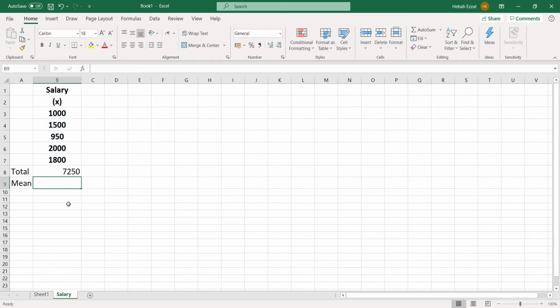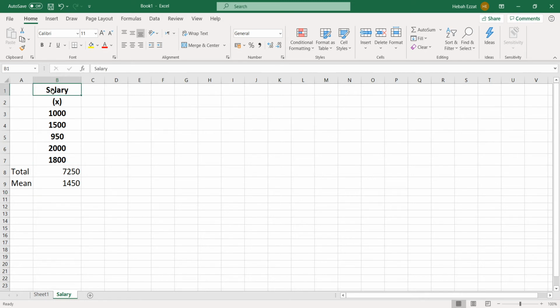We just click enter. It gives us the total salary of all of the observations. To find the mean, we just need to divide this value by the number of observations. We have here 5 employees, so we'll divide this by 5.